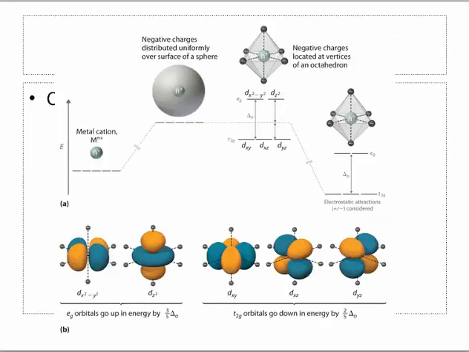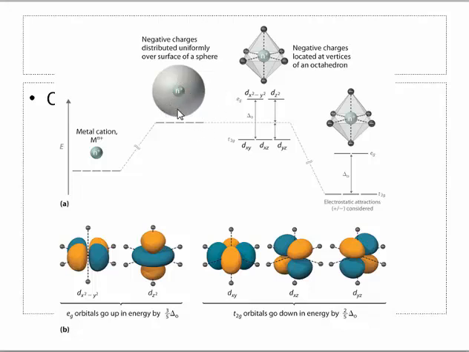Let's begin by considering the d orbitals of the metal cation in an octahedral complex. Before a complex forms, all these d orbitals, as you know, have the same energy. This diagram represents increasing energy, but this picture is actually essentially a close-up of this.